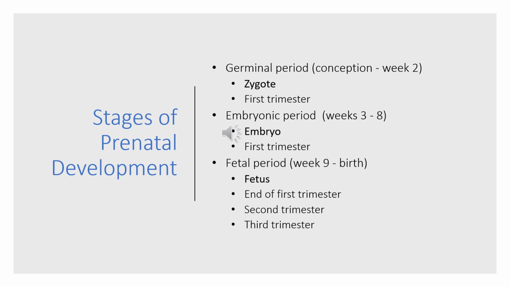The other important thing to know is that the way pregnancy is referred to in terms of weeks by doctors, by OBGYNs, is different than how we are referring to it in our textbooks. So doctors talk about your pregnancy as 40 weeks.